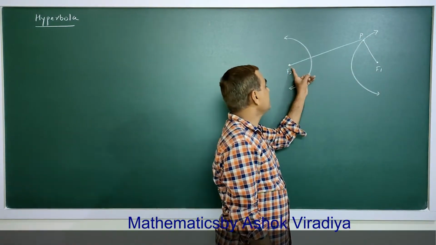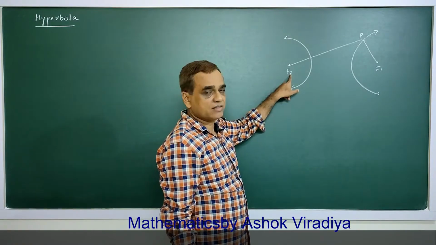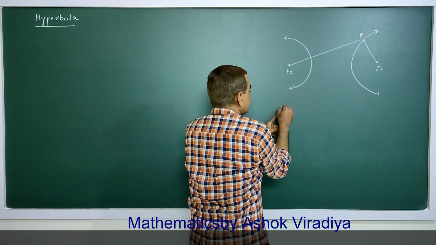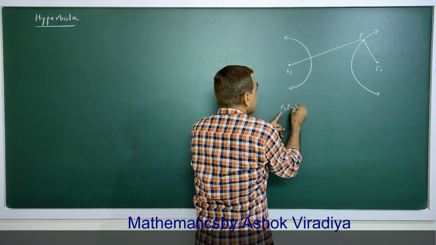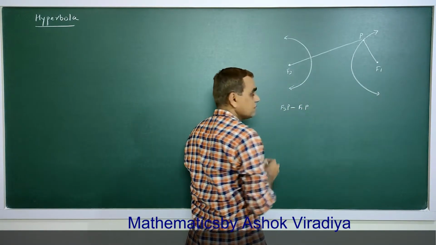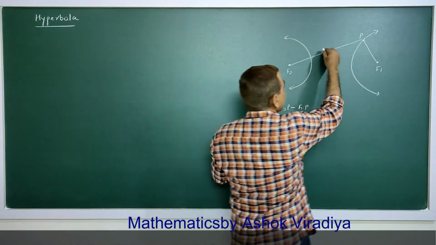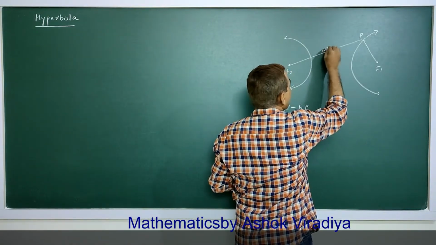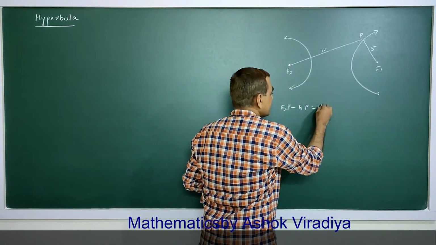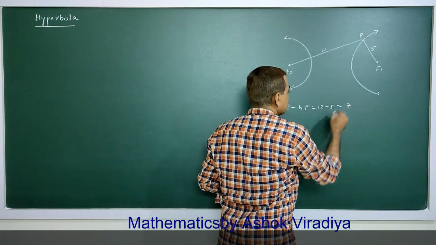This point is farther, this is closer. So longer distance minus shorter distance. Suppose that this is 12 and this is 5. So the value is 12 minus 5, so 7.